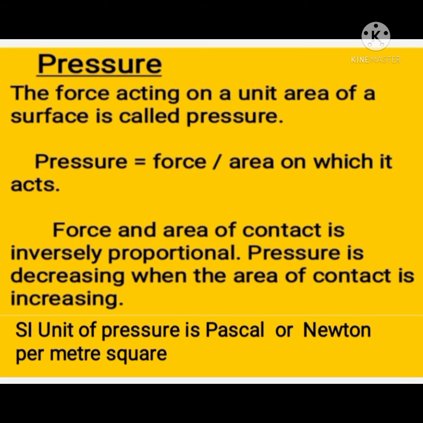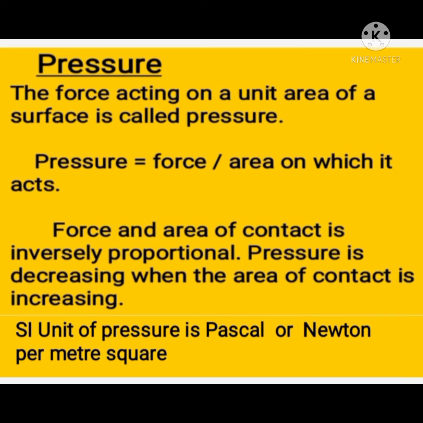Which is easier? We know that the pointed end of a nail pushes easier into a wooden plank, and a sharp knife makes cutting a vegetable easy. That means where the area of contact is decreasing, a greater pressure is acting. So the force acting on a unit area of a surface is called pressure.